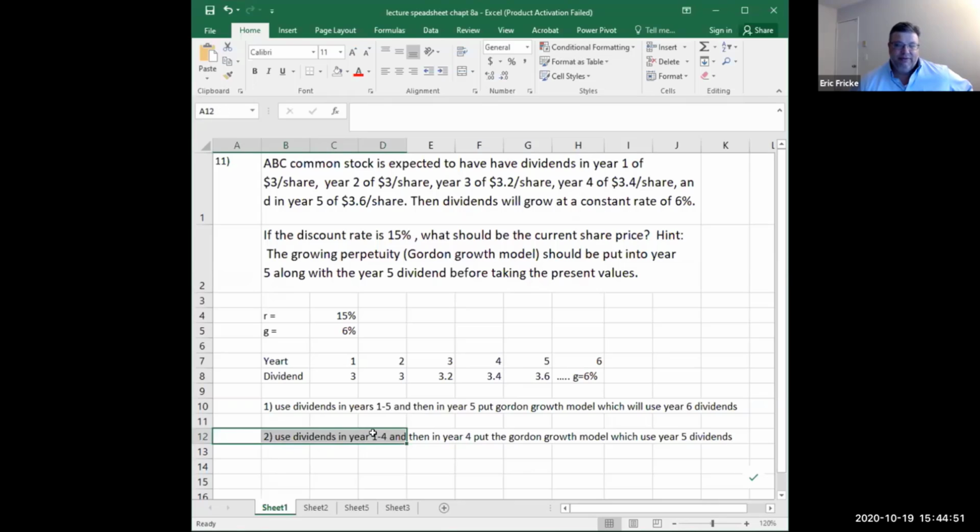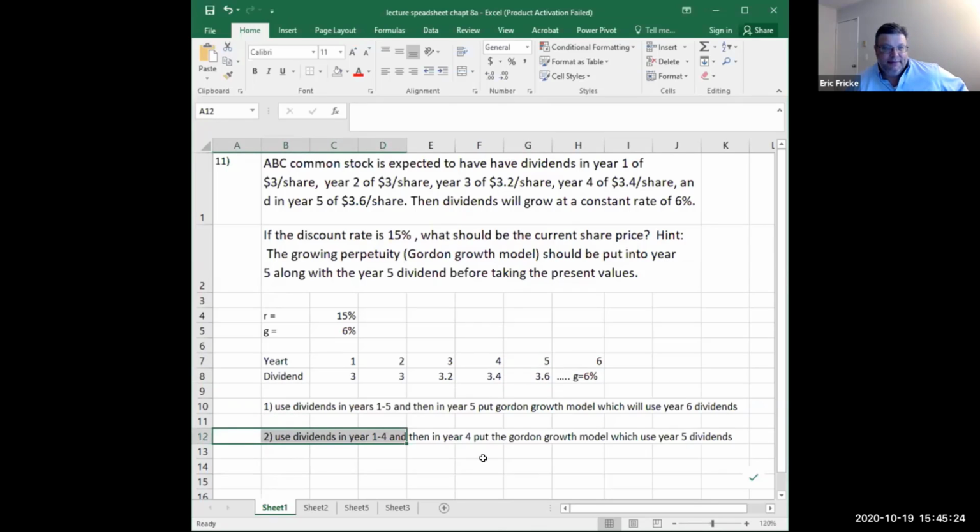We've forecast out 4 periods of dividends, and in that last fourth period, we have the Gordon growth model, which represents the value of dividends years 5 and onward. And we can do that because year 5 is actually when the growth starts. That's method 2 right here.